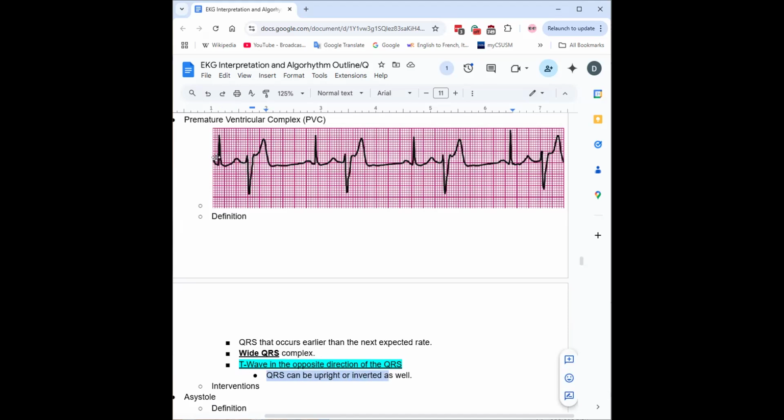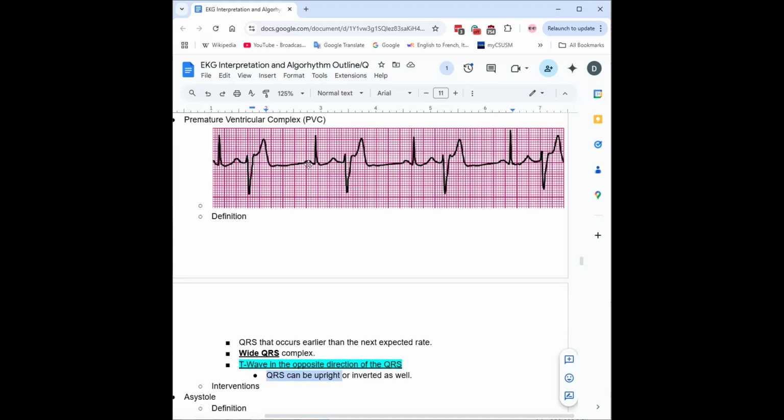Here we see QRS, T wave, and then PVC, and it's inverted. It's going down instead of going up. And then the T wave goes the opposite direction of the QRS. And the QRS can be upright as well. If the PVC QRS is upright, then the T wave will be upside down instead. So that's a weird little quirk about it.